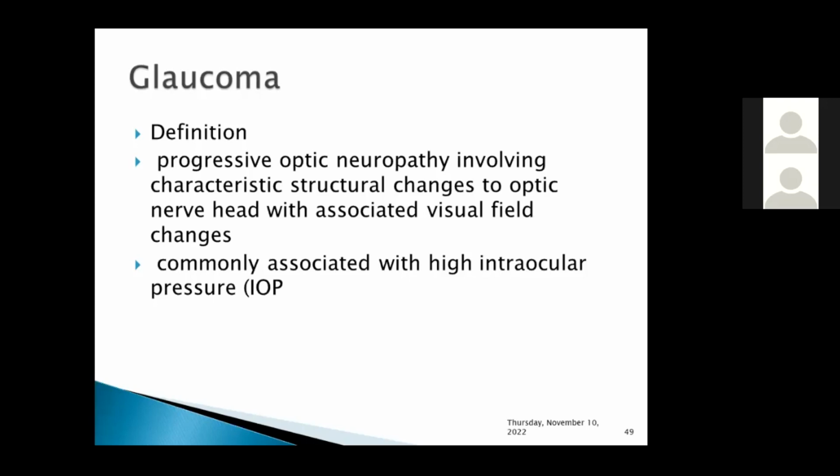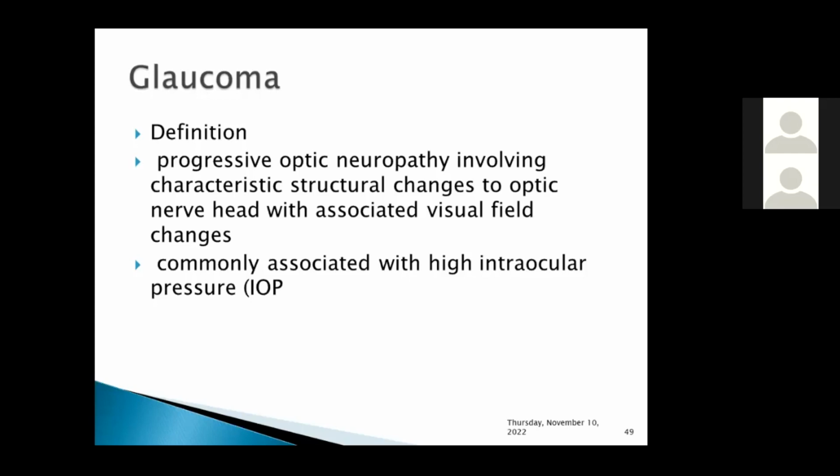So glaucoma, by definition, the best way to define glaucoma is progressive optic neuropathy involving characteristic structural changes to the optic nerve head with associated visual field changes. There is a misconception that glaucoma is only increased intraocular pressure.